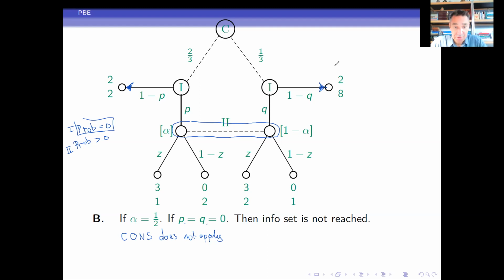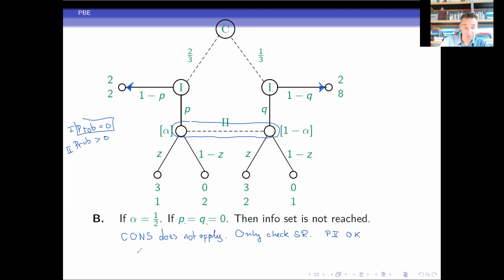So what does that mean? It means that player 2 can choose any z that he cares to take. The only thing that you need to check now is whether sequential rationality is respected. And for player 2, we already know that that is fine, right? Because he's completely indifferent.